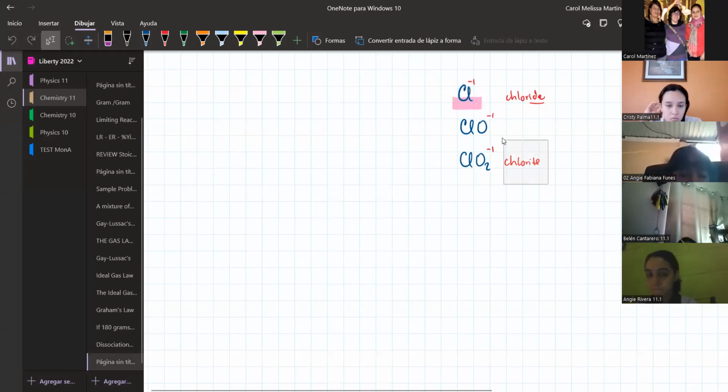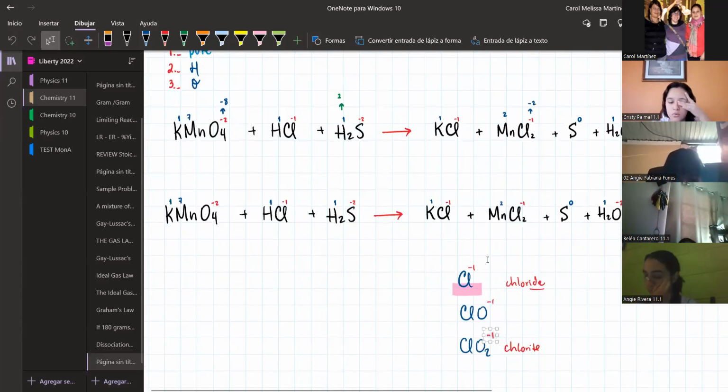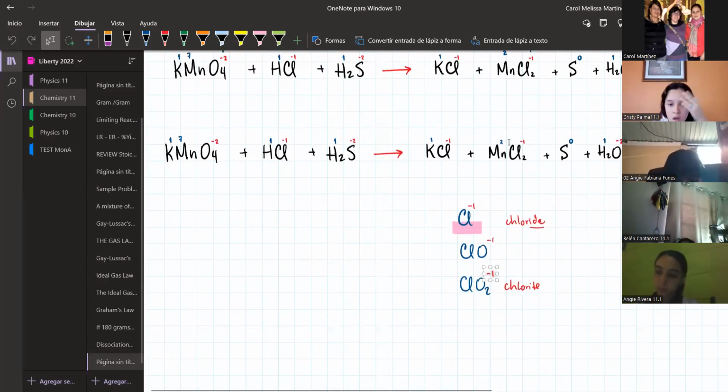And chlorite, that one has oxygen, and it is a polyatomic ion, which has a charge of -1 for the entire ion. But in this case, we're just talking about the chloride ion, because the name of this compound is manganese(II) chloride.